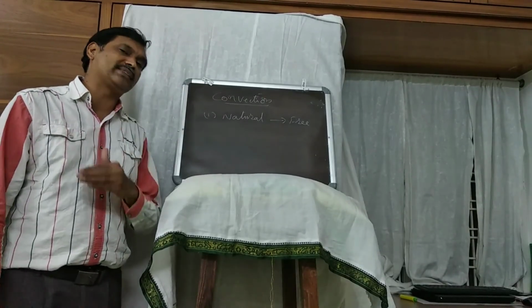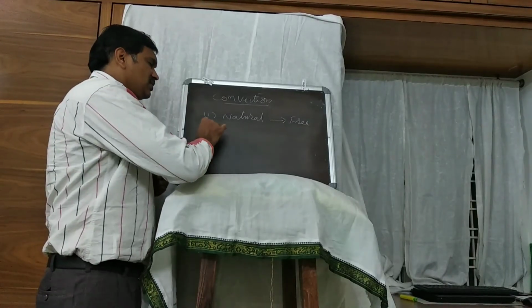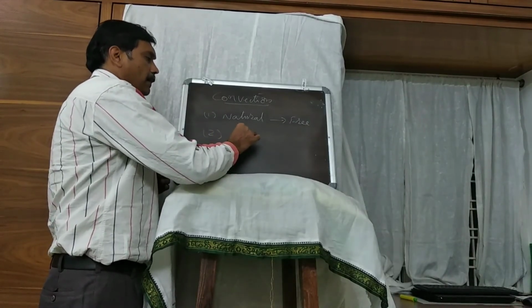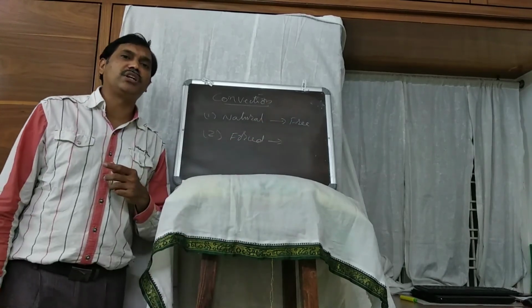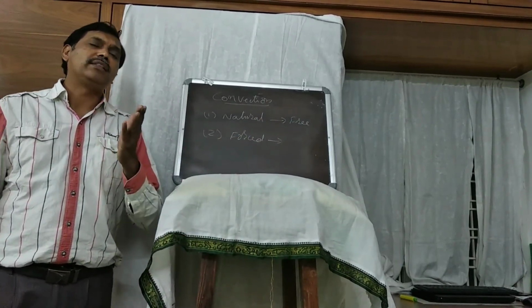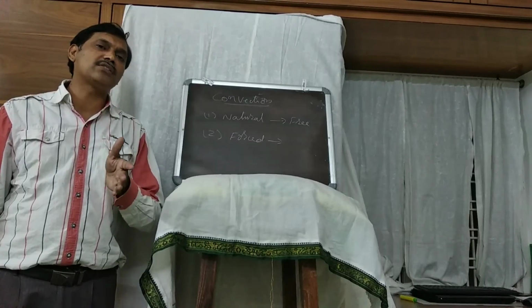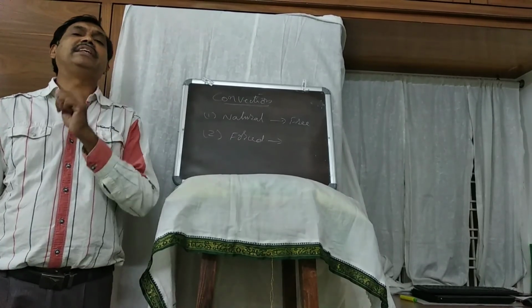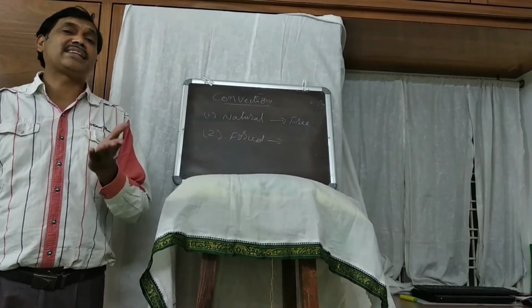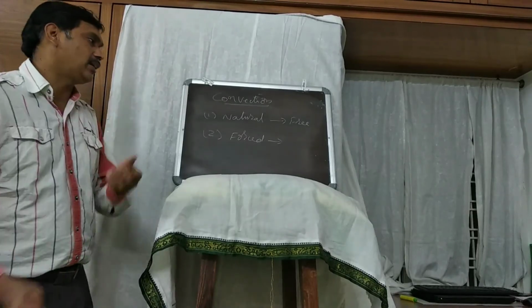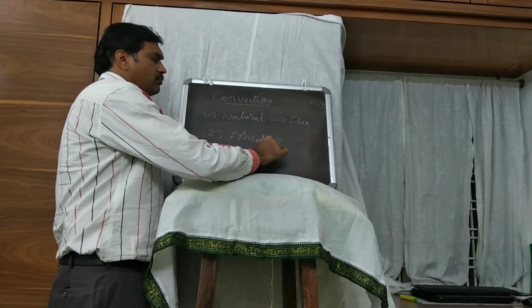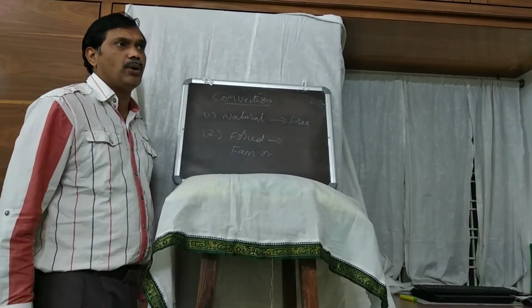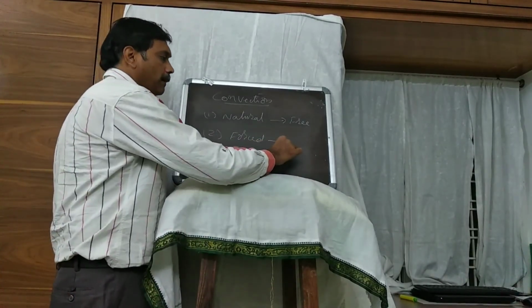Now we will discuss forced convection. Forced convection deals with convection heat transfer that takes place with some external agency or external power. Let us take a blower or fan, or, if you are dealing with liquids, a water pump.